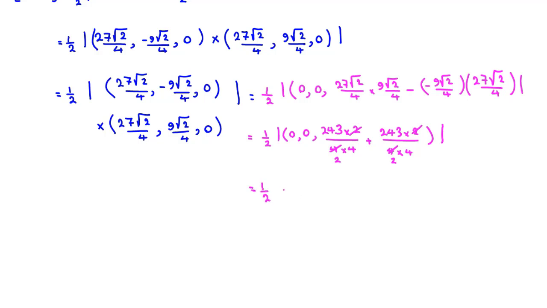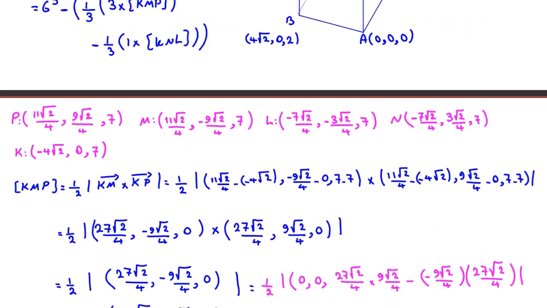Here, because it has only one coordinate, we should consider the length is this. 243 over 8 plus 243 over 8. So it will be 1 over 2 times, we cancel these things, so the area of this part is 243 over 8.